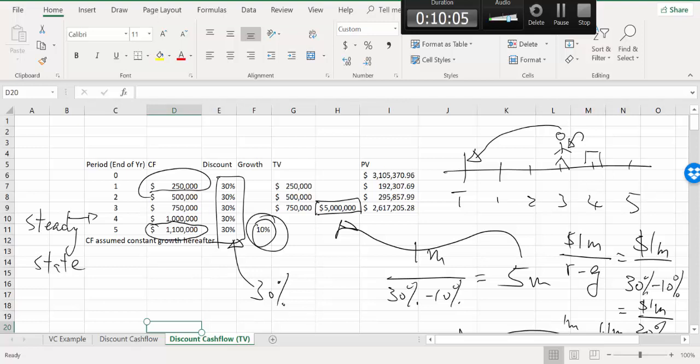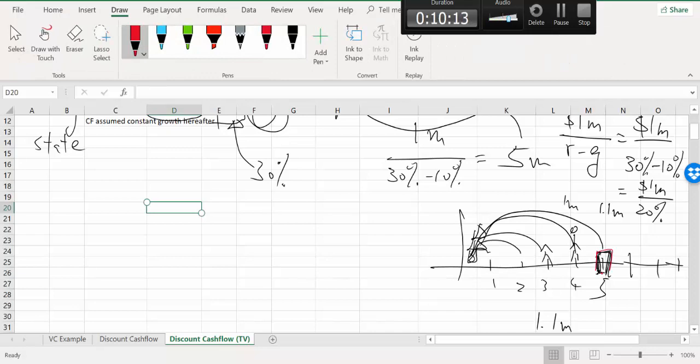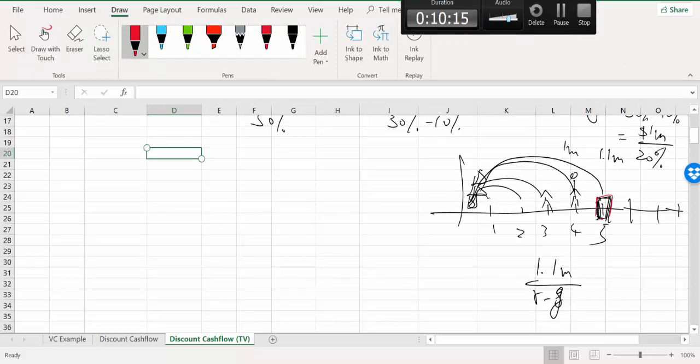sure. So you know how if there's a series of cash flows and then it reaches a certain point, sometimes called the steady state, sometimes called a stepping stone, curiously enough, or the S words.